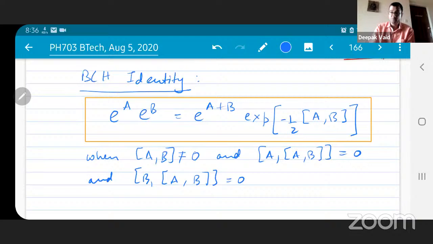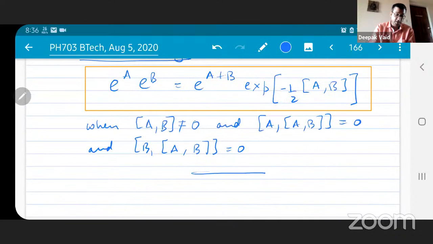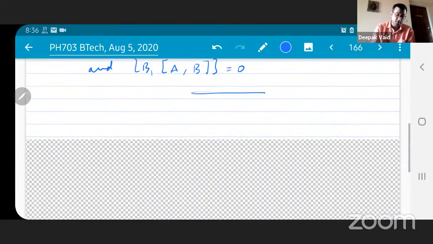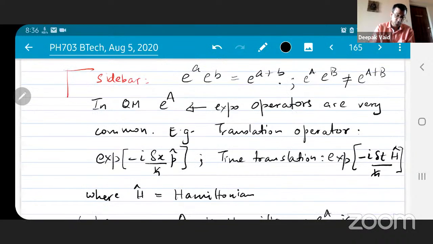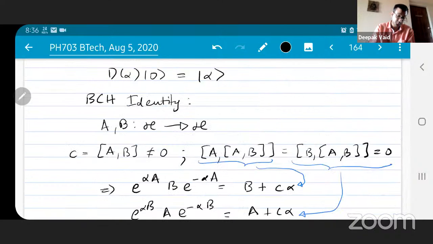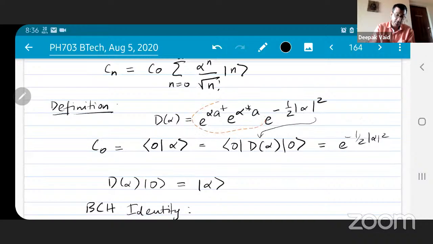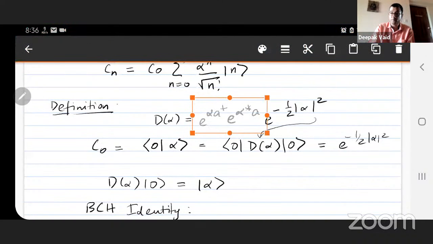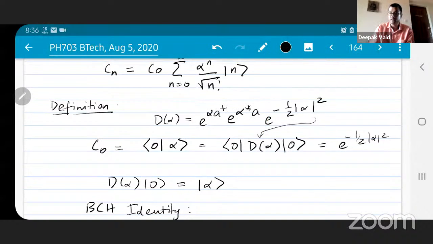So now we can use this BCH identity. How? If you look at the definition of the displacement operator, what was that definition? It involves a product of exponentials of operators. And these operators don't commute with each other, right?